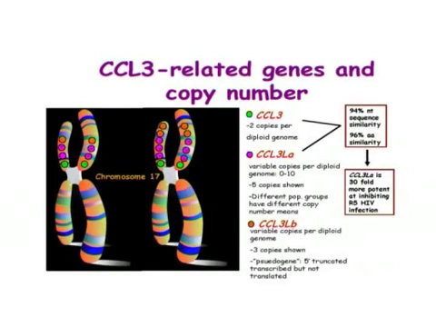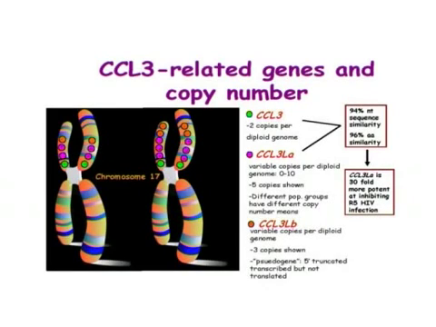Most genes you would have would occur at 2 copies per diploid genome. However, this molecule, known as CCL3L1, occurs in different copies in different individuals and different populations, and ranges from no copies to, in fact, as high as 13 copies in some individuals.